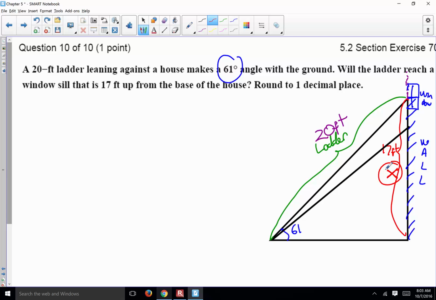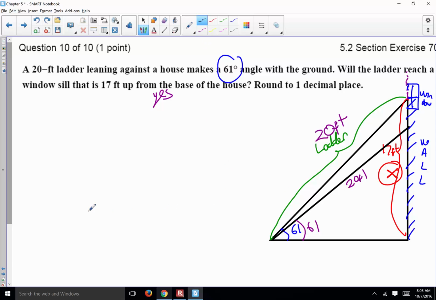The window is at 17, but the amount the ladder is going up is X. So we need to figure out that X with 61 and 20. This side is 20 feet, and this is still the 61 degree angle. See if this X is higher than 17 or not. If it's higher than 17, the answer is yes.